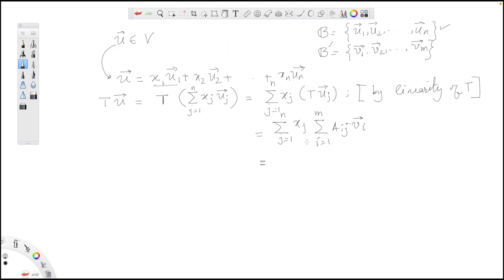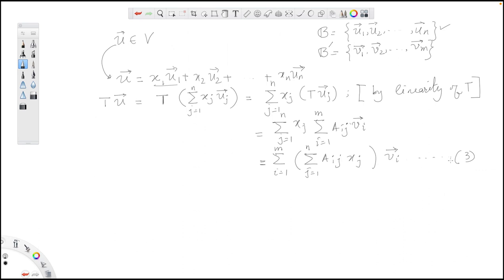So I bring the i sum outside and take the j sum inside, j from 1 to n, with j appearing in aij and xj, and then sum everything over i. I number this equation by 3.